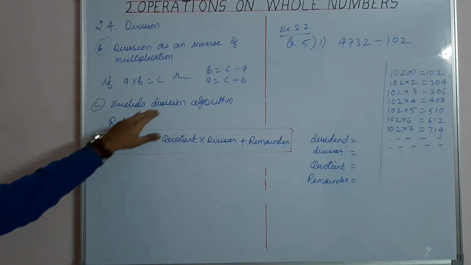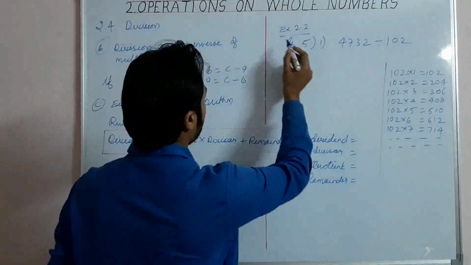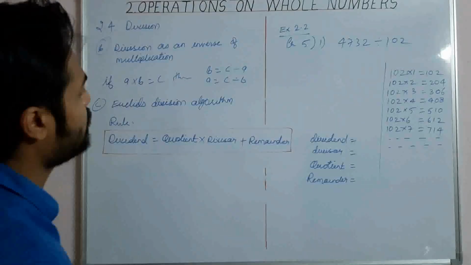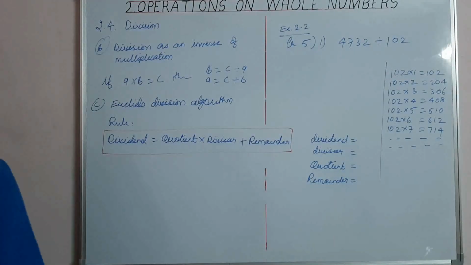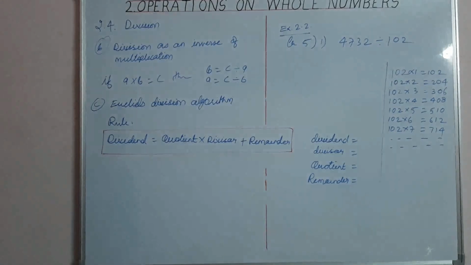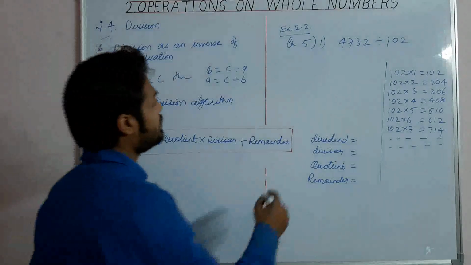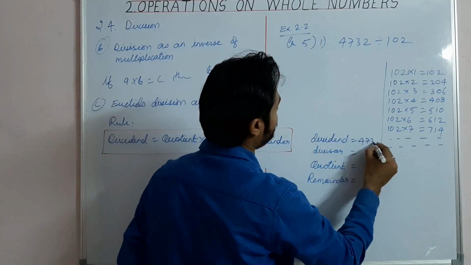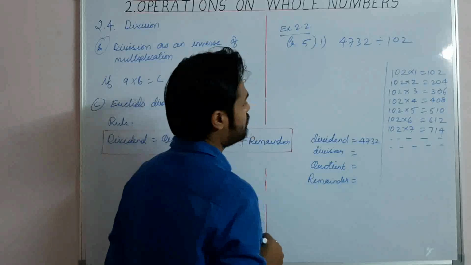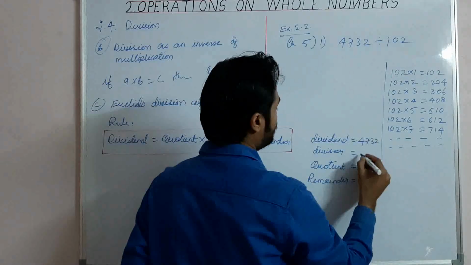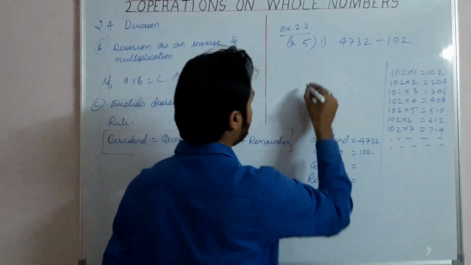Now for the division algorithm, we will solve a problem of exercise 2.2, fifth problem, first part. Divide by division algorithm and verify by multiplication. So the given number, the dividend, is 4732, and 102 is your divisor.